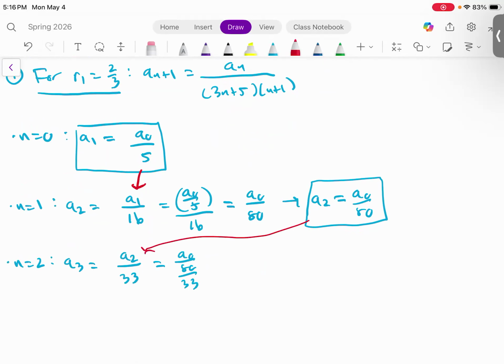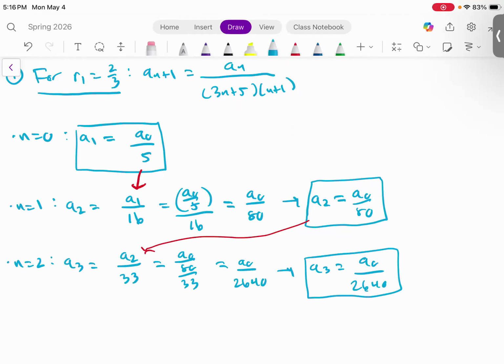I remember I could just plug it in for a2. So I get a naught over 2,640. That's a big number. So, a3 equals a naught over 2,640. I think the number's gonna get really big after that, so let's just go ahead and stop right there. I think that's good enough.